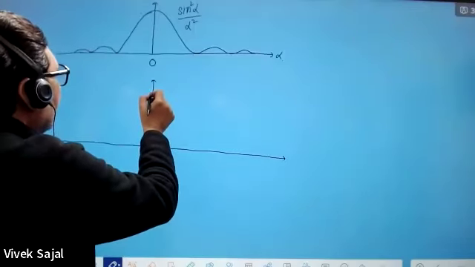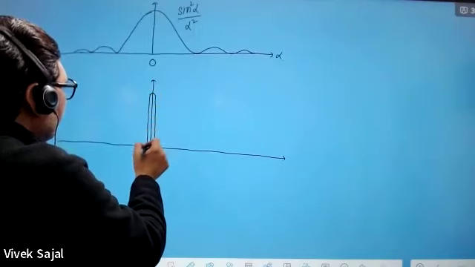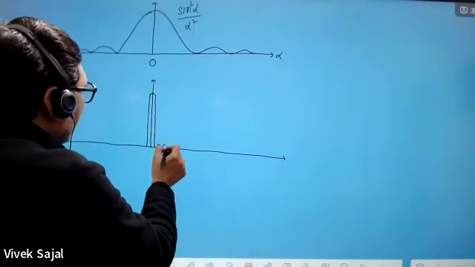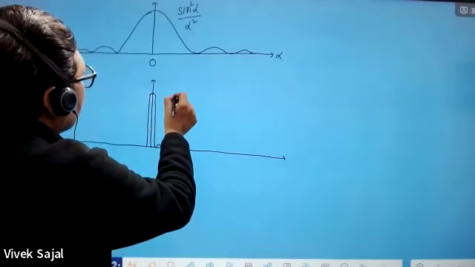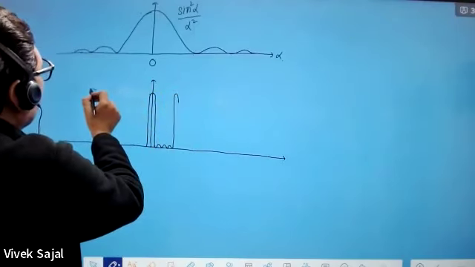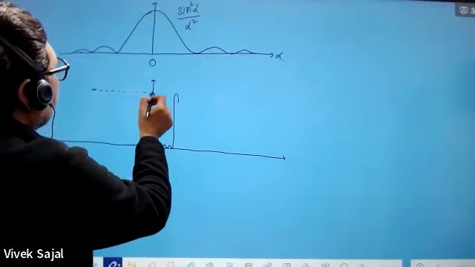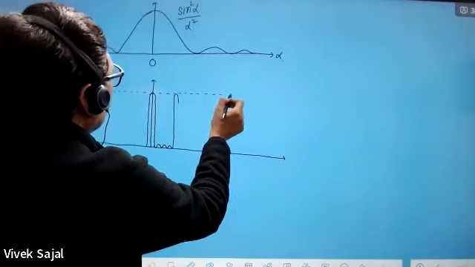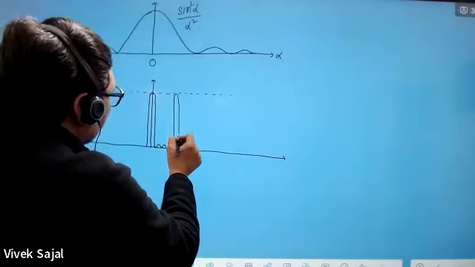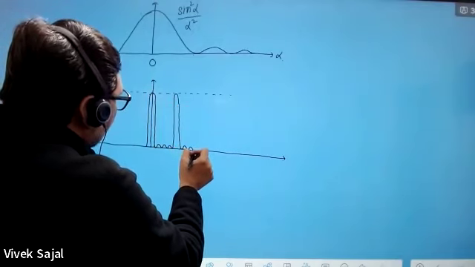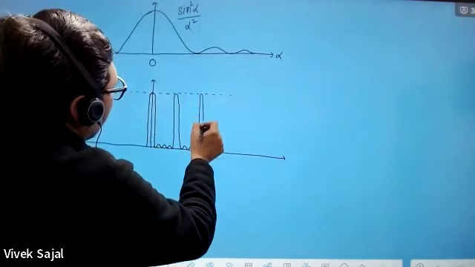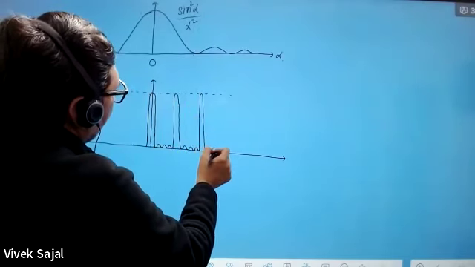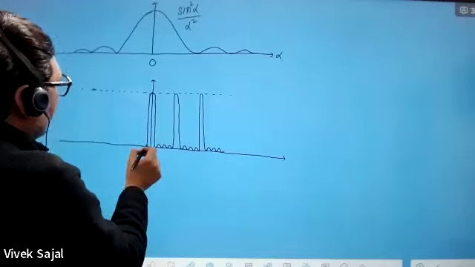You will have principal maxima. In between the principal maxima, you will have secondary maxima like this. This type of pattern you are going to have on both sides.